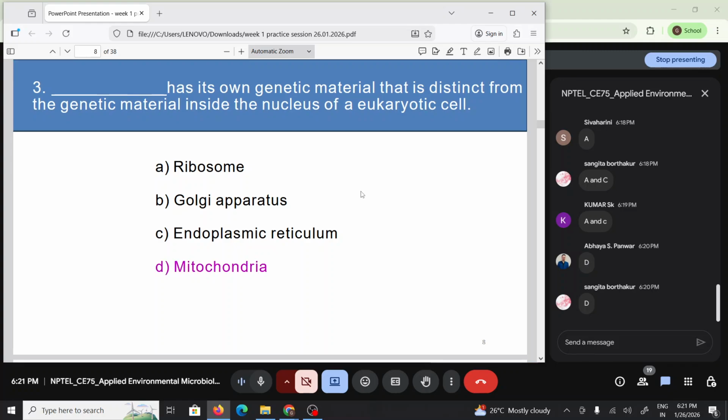As you mentioned, mitochondria is one of the organelles which has its own genetic material apart from the organism's genetic material present in the nucleus.